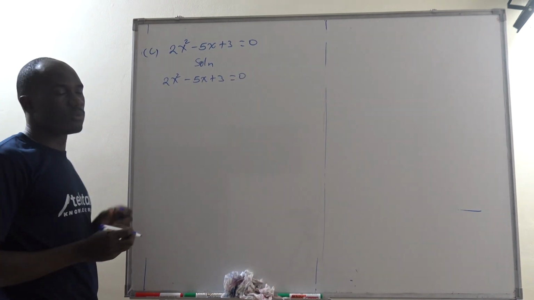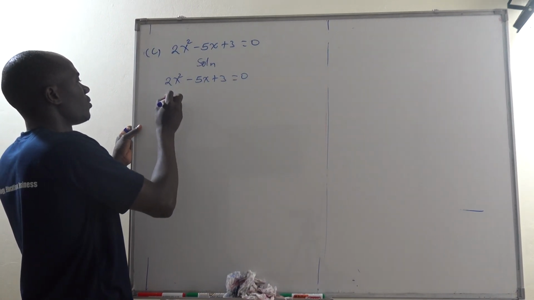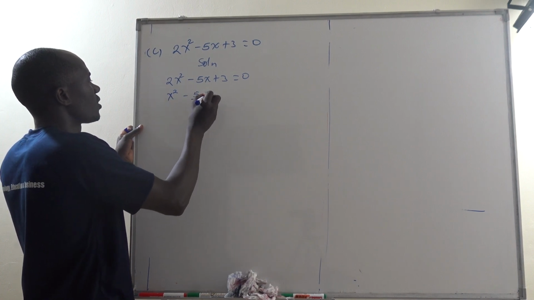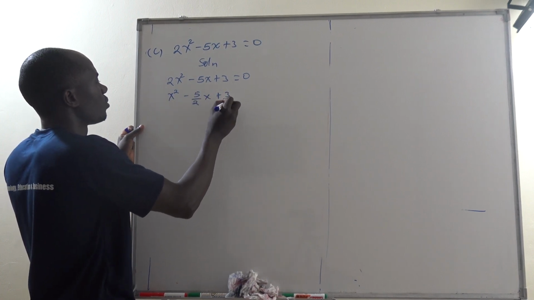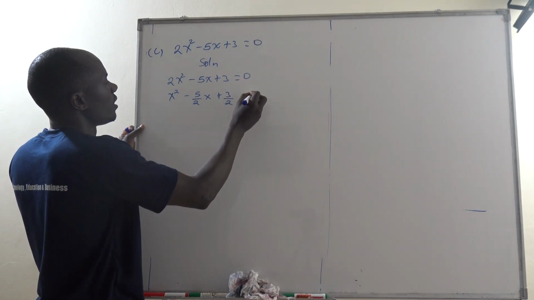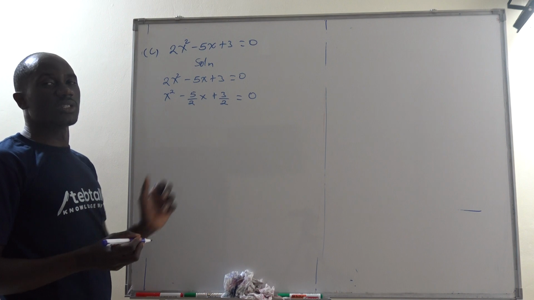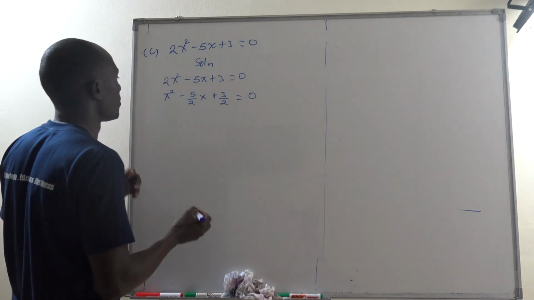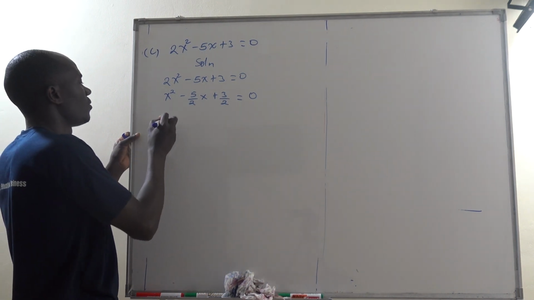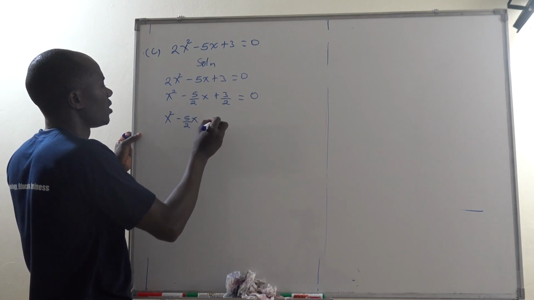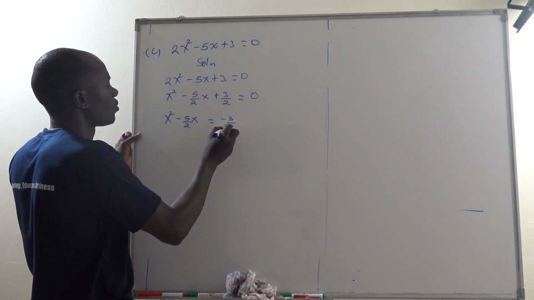We divide throughout by 2, we are going to have x squared minus 5 out of 2x, then plus 3 out of 2 equals 0. Divided by 2, you get a 0. So this one is a positive. When it goes there, it becomes a negative. So I've got x squared minus 5 out of 2x equals negative 3 out of 2.